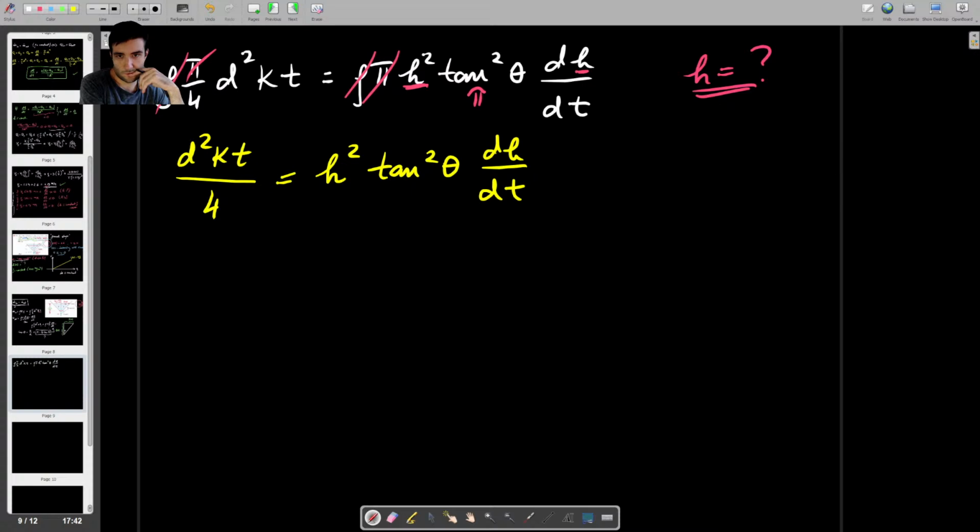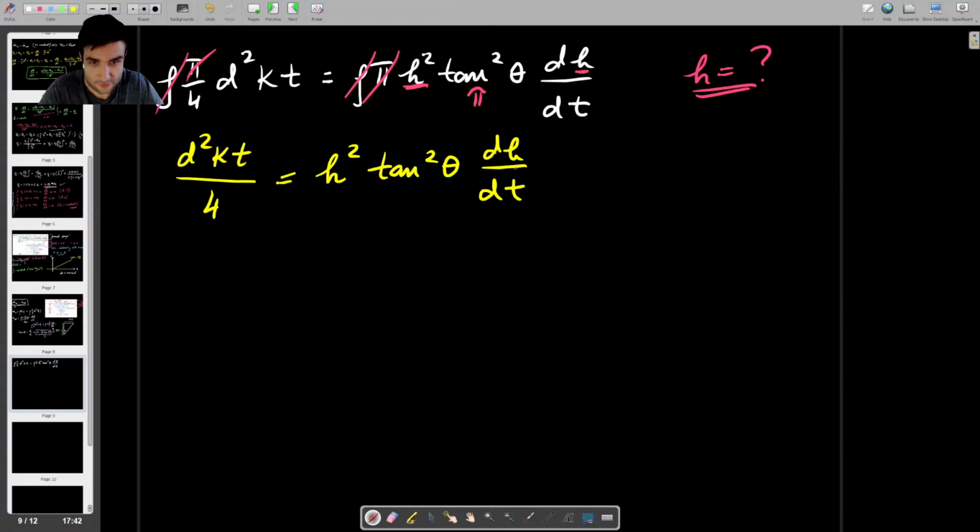So what we're going to try to do is find h, and to do that we'll have to integrate, and it's not a difficult integral at all. All we have to do is rearrange this a bit and separate the variables.